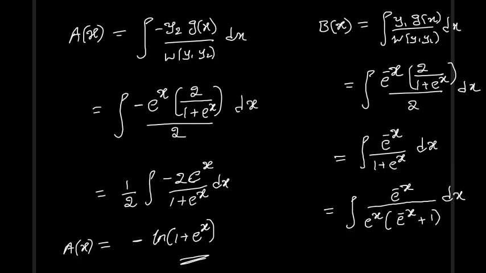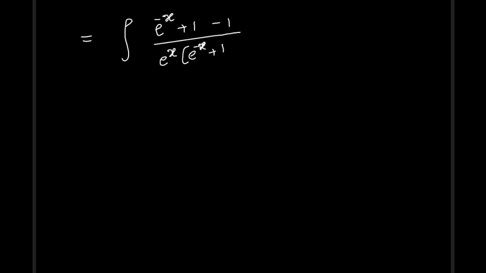So the advantage in writing like this is, you can actually write it like this. In the numerator you have e power minus x, right? So e power minus x, you add 1 and subtract 1, and in the denominator you have e power x times e power minus x plus 1 into dx.